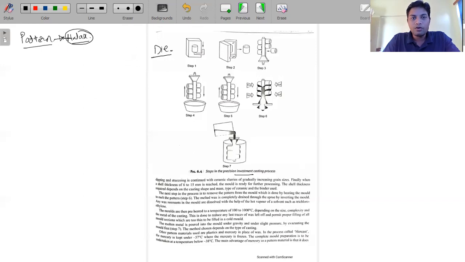If I simply say, we use candles generally for lighting, and a candle is made up of wax. That type of material we are using. Initially we have the liquid material, because it melts at very low temperature, so we fill the solid wax into a container and heat it.